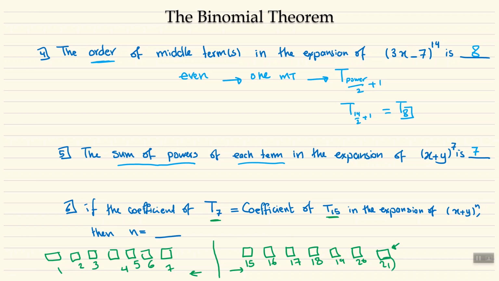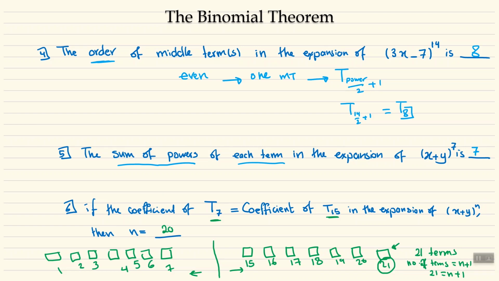And if our last term is T21, it means we have 21 terms. And we know that the number of terms is equal to the power plus 1. So our power is n. So here 21 equals n plus 1, which means that n is simply how much? It will be 20. So the power should be 20.